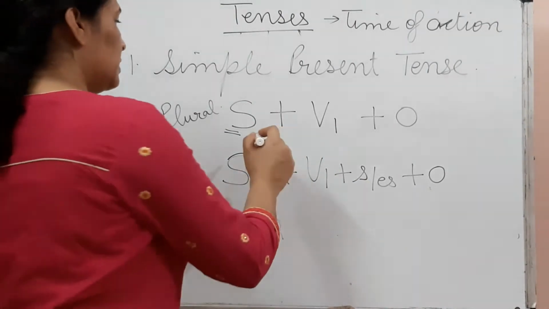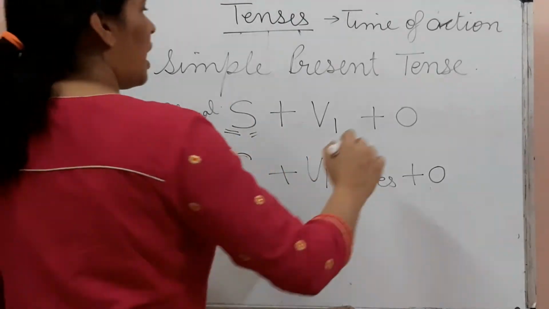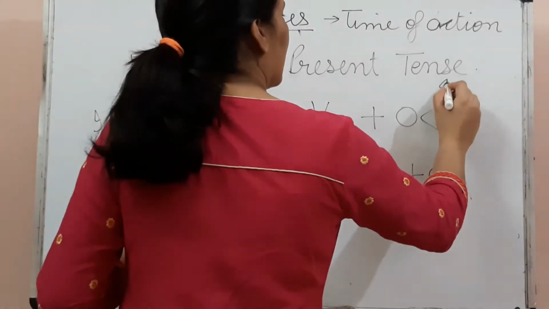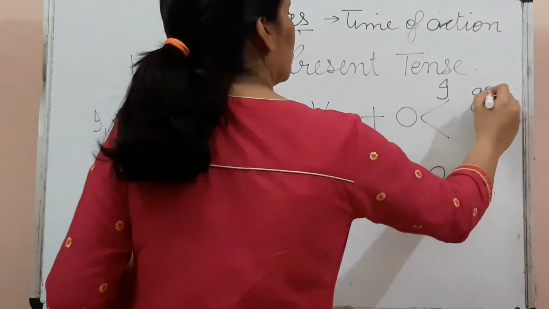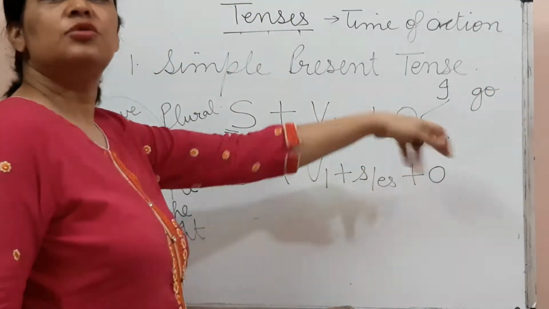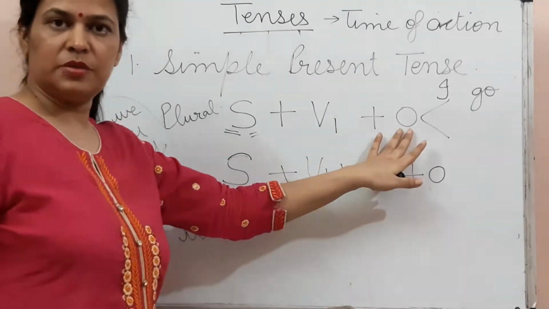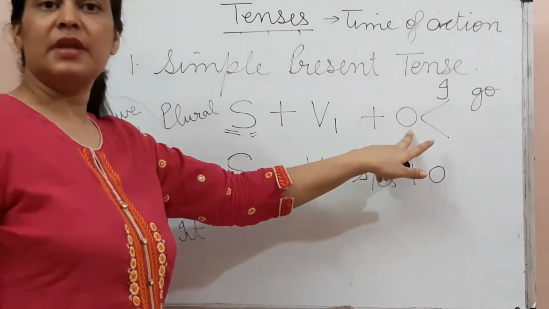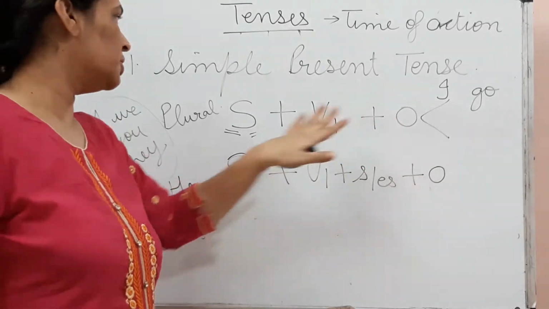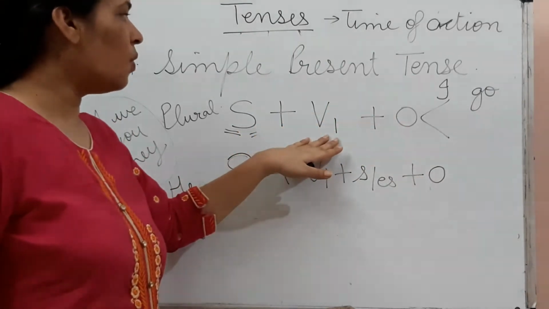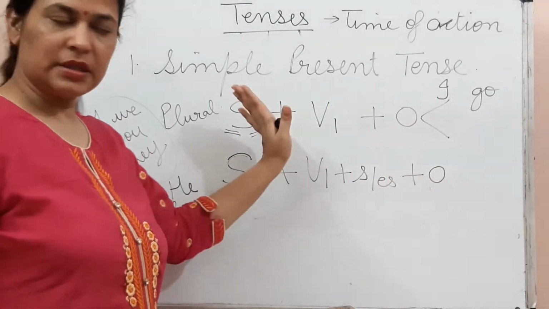Example, suppose it is plural subject, I. So here it is I go to the market maybe. Okay. Or sometimes it is not the object. I eat ice cream, that is an object. Ice cream is an object. So I go to the market, that is it.